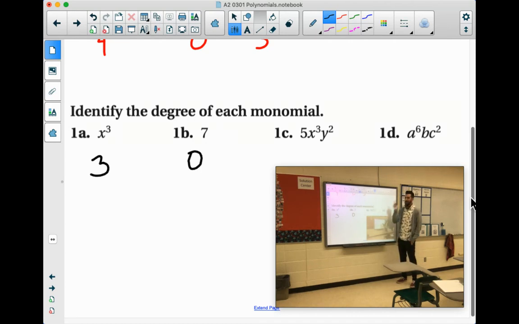Good. 5. I know you said 5. 3 plus 2 gives you 5 there. And the last one, a to the sixth, b, c to the second. Nice. 9. Very good. 6 plus 1 is 7, plus 2 is 9.